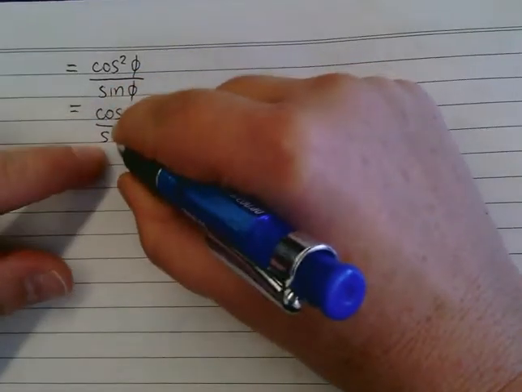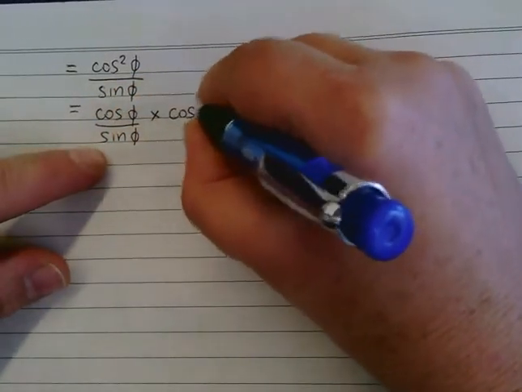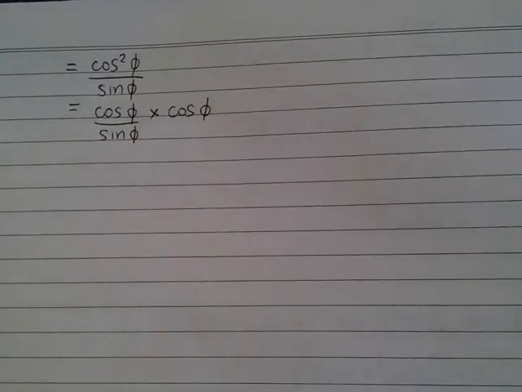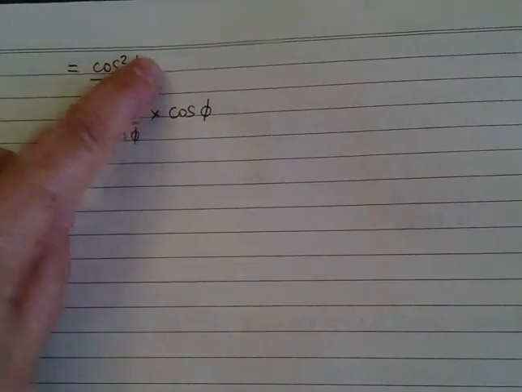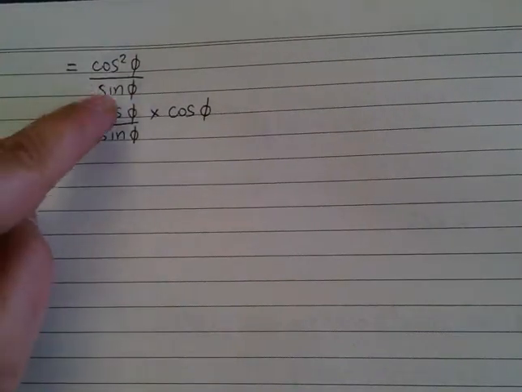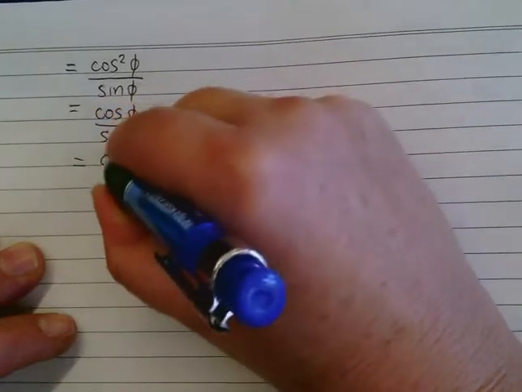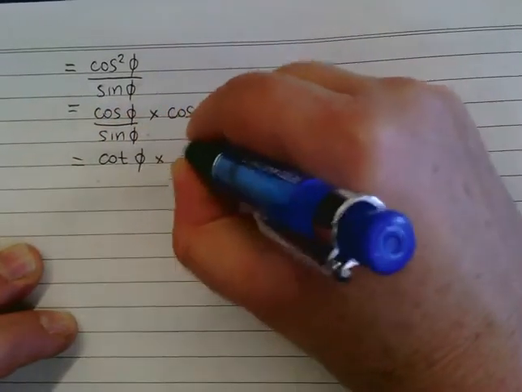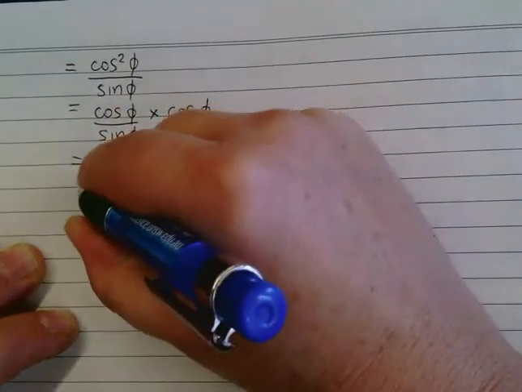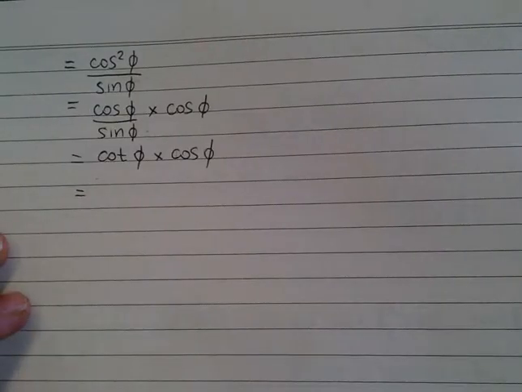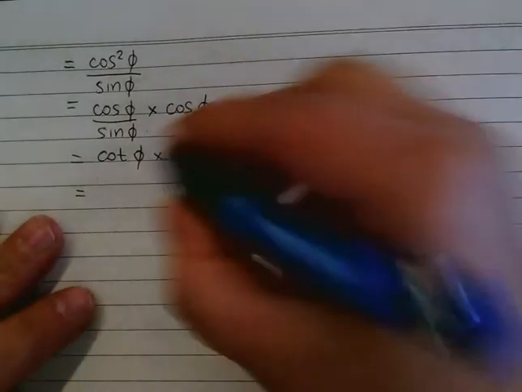There's one of the coses times another cos. So I'm breaking it up. I want a cos on sine because I know that's a cot. And I'll keep this cos here. You okay with that? I've just broken up the cos squared phi into cos times cos. Cos on sine is cot. Is that our right-hand side? Yeah. Equals right-hand side.